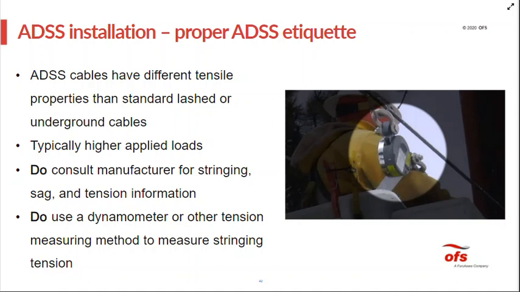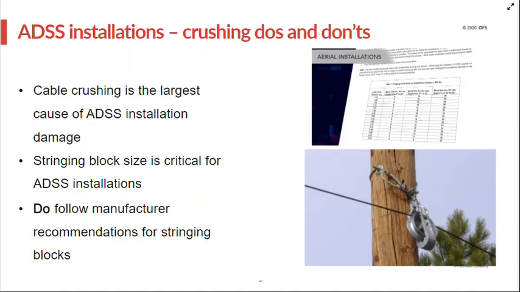When you're doing ADSS installations, we very much recommend using a dynamometer or other tension measuring methods to measure the stringing tension. There are different ways that you can measure the tension or the sag of a cable, and we would very much recommend that people installing ADSS use that.